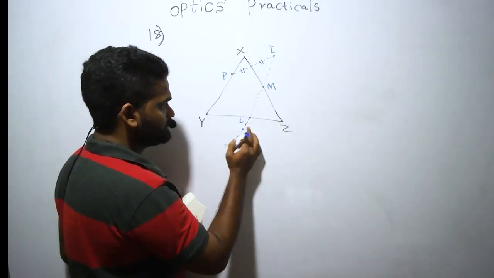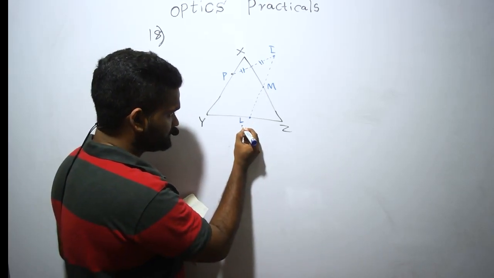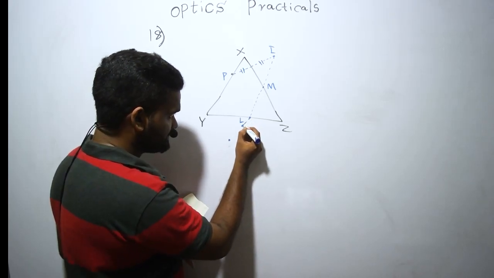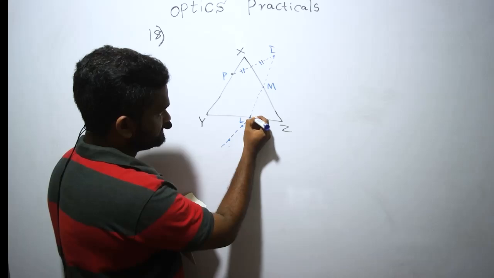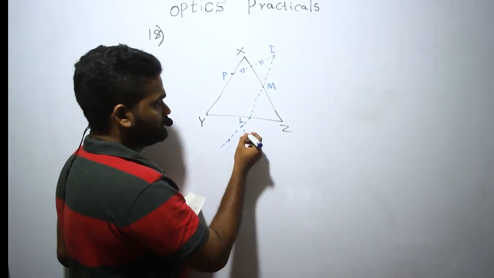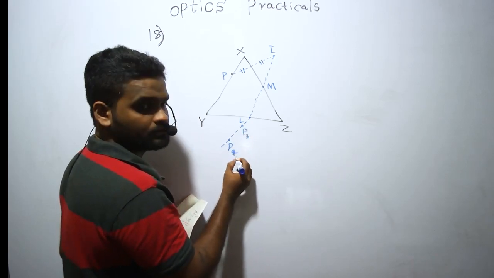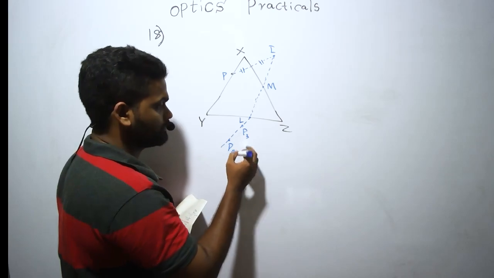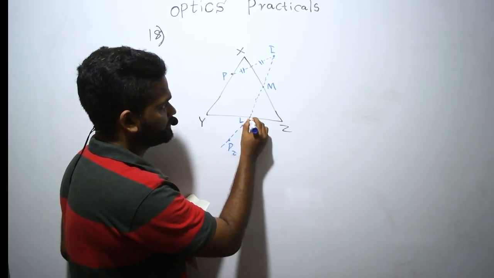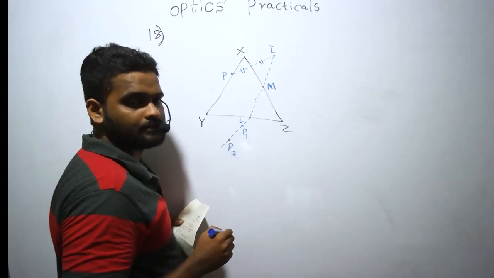So this is one line, but this should be inclined, right? This is inclined. This is one line here, coming from I to L. Optical pin P1, P2, doesn't matter. So here you have capital M. This intersecting point, you can name it as capital M.